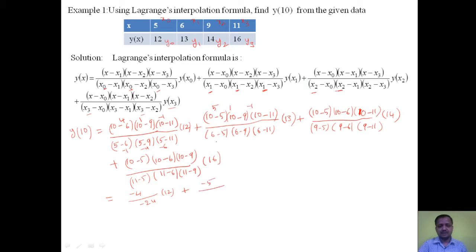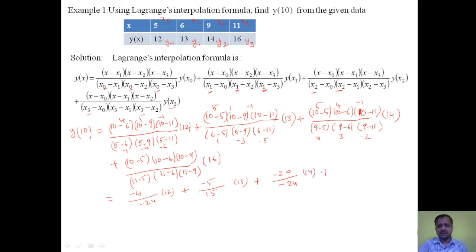The denominator: here 1, here minus 3, here minus 5, means 15, into 13. This term: 5, 4, minus 1, minus 20, divided by 4, 3, minus 2, that is minus 24, into 14.